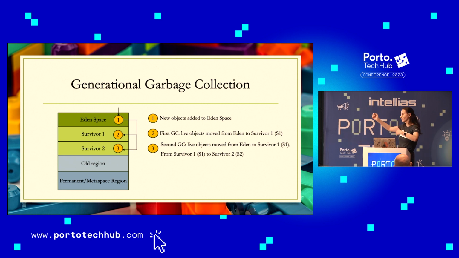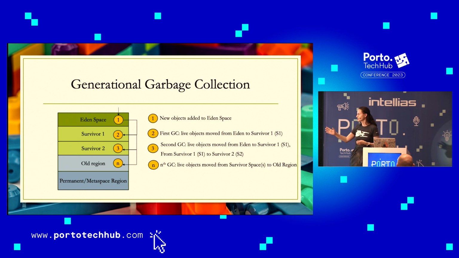They're going to be moved as well from Eden to survivor 1 and from survivor 1 to survivor 2. So this happens with the age of each object. Now, at the nth garbage collection, the live objects are moved from survivor space to the old region once they gain enough age. So, it's a little bit important to know how the objects travel to different regions within the garbage collection.